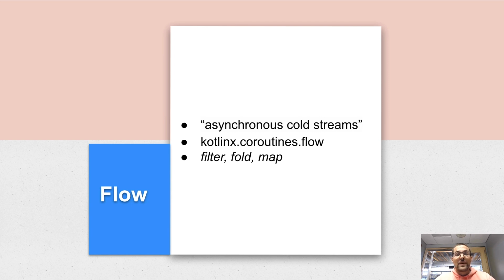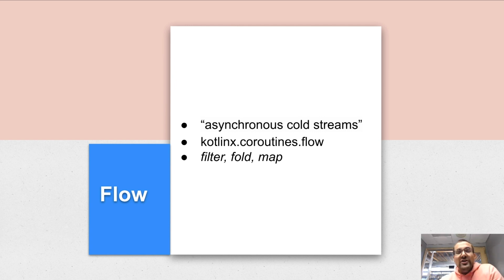Now, previously we had coroutine channels, which were hot streams, and they could do the same reactive pattern, but they were always going. You could never defer the execution of that generating code to the point where something's subscribed to it.